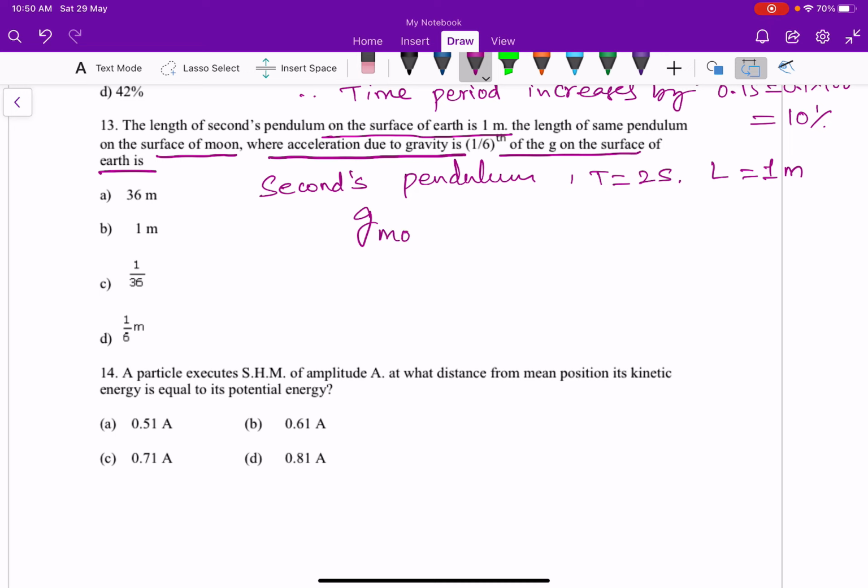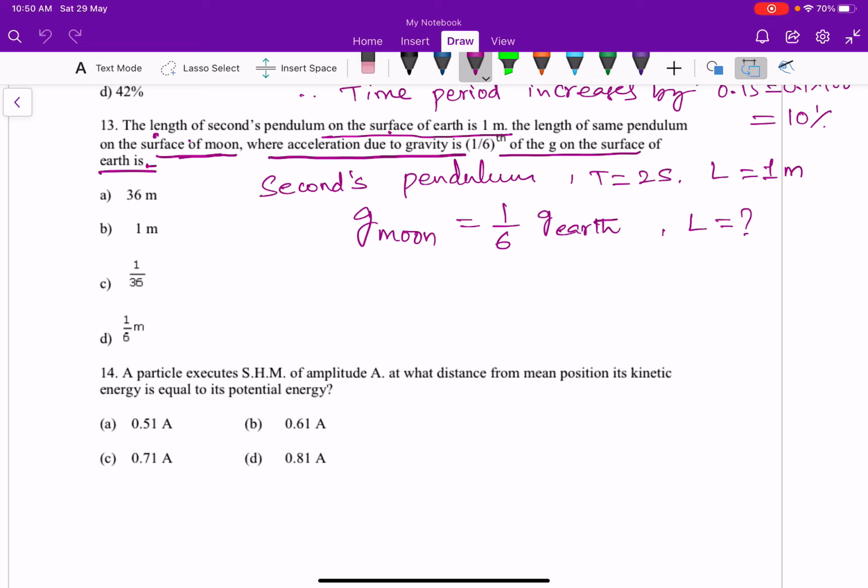Acceleration due to gravity on the moon is equal to 1/6 of that on Earth. Here the question is about the length of the same pendulum on the surface of the moon.